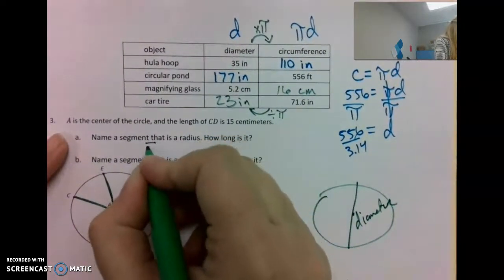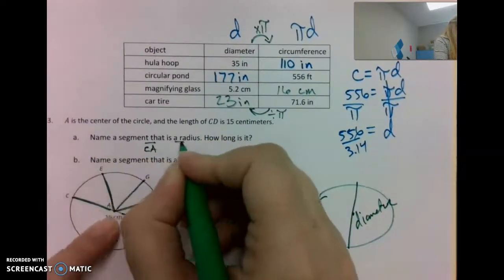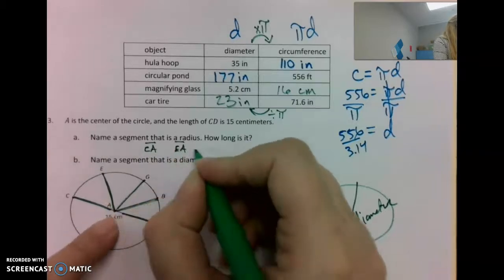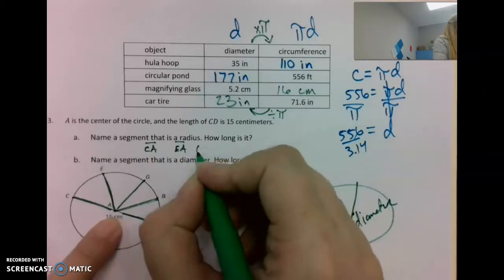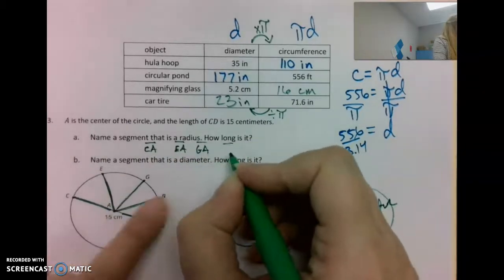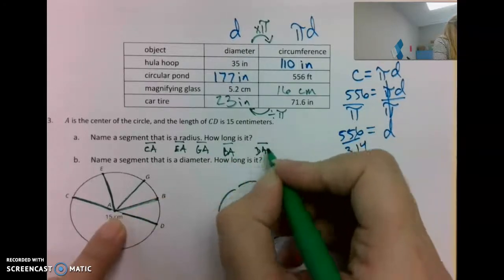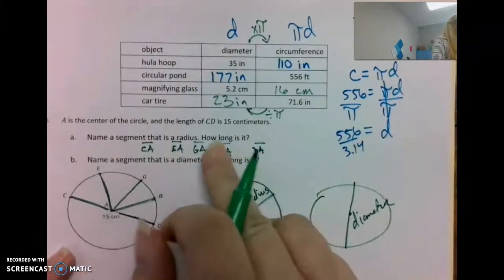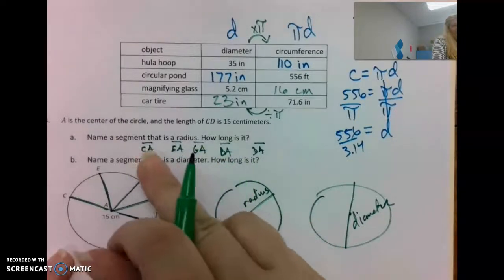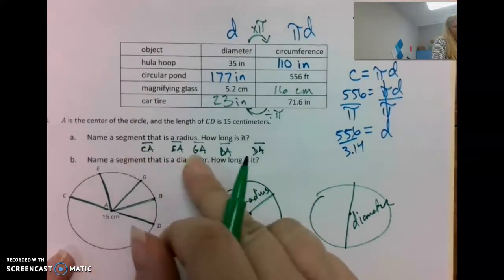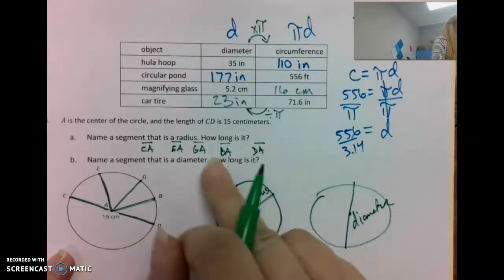So line segment CA, line segment EA, line segment GA, line segment BA, line segment DA. So any of those, those are the radii. You could also have it backwards, like AC, AE, AG, AD, AB.